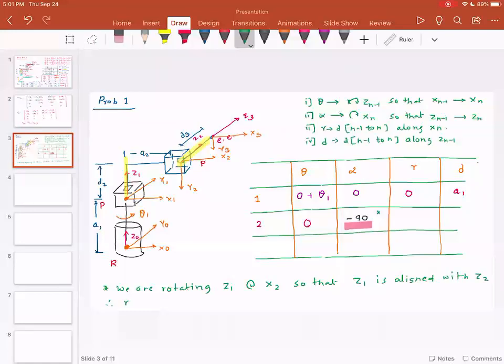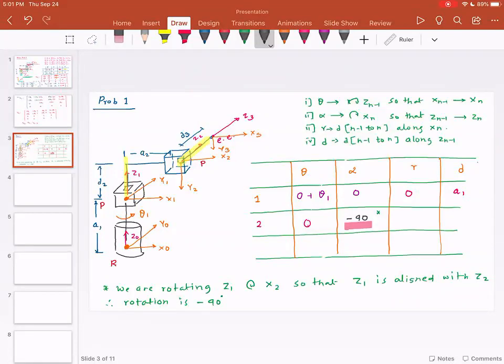Thus, the rotation is -90 degrees. Everyone understood this? If you need, you can curl your fingers around the rotation and see if it is indeed -90. The next thing is we have to find out the value of R.